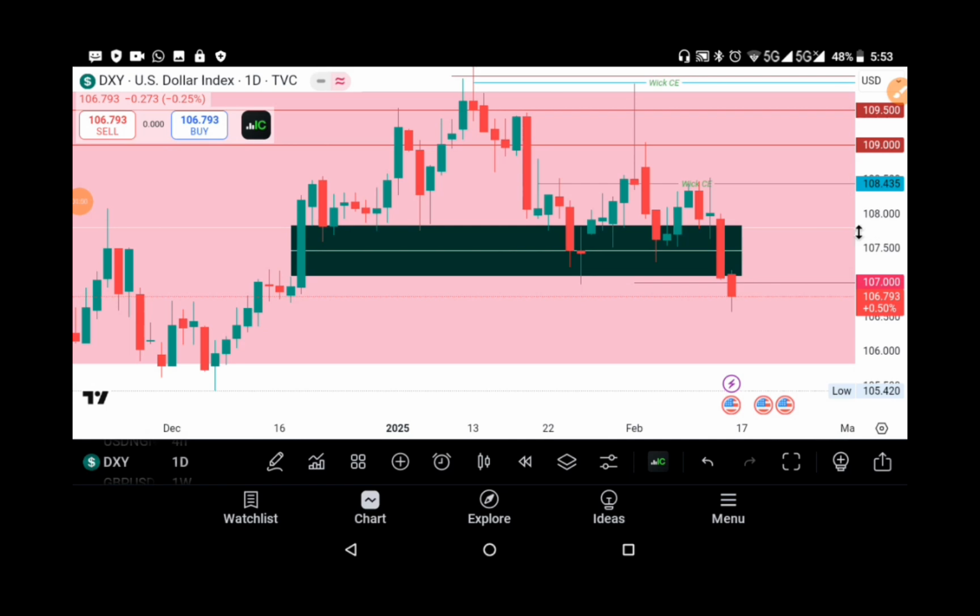As of last week, I was interested in the market price visiting the 107 big figure on the US dollar index, and as you can see, 107 big figure has been tagged.